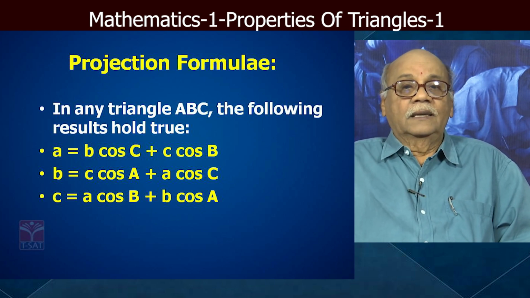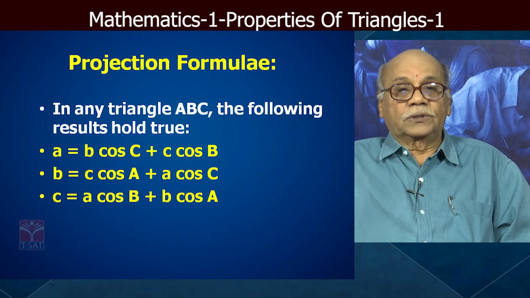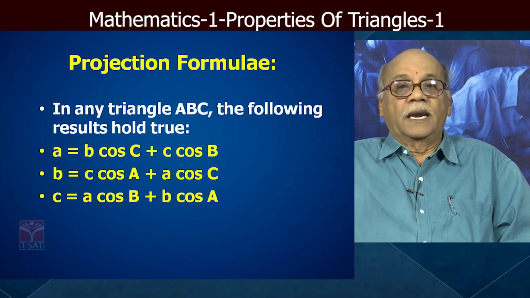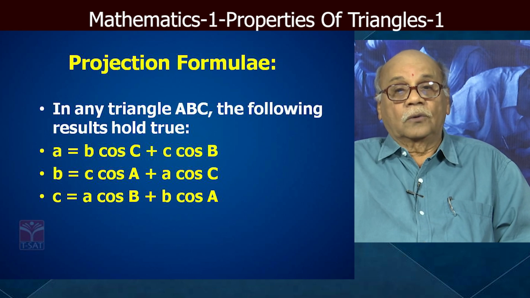So namely, small a is equal to b cos C plus c cos B, and small b is equal to c cos A plus a cos C, and small c is equal to a cos B plus b cos A. Okay, these three are called the formulae for the sides, and also are called projection rules.